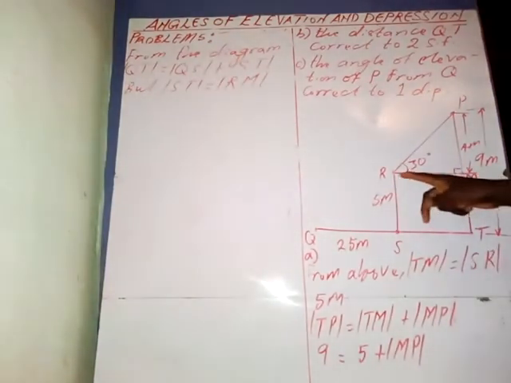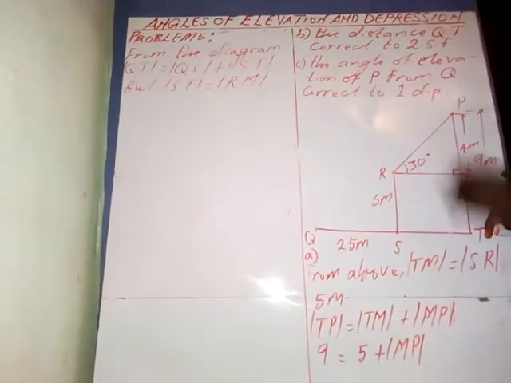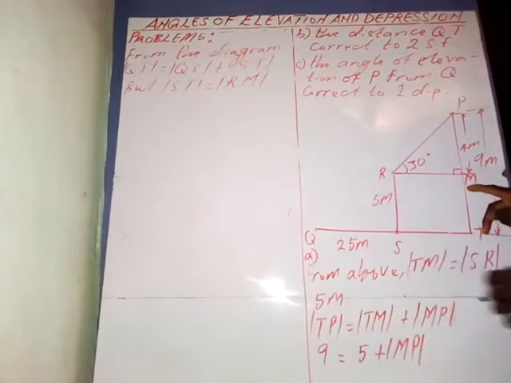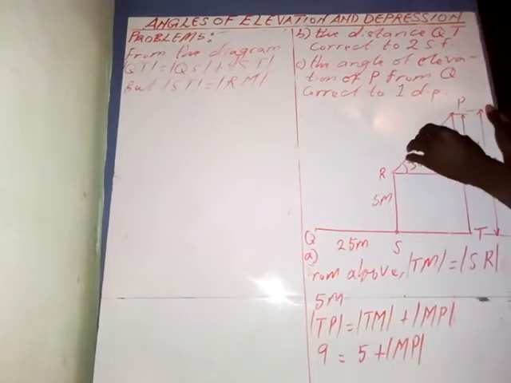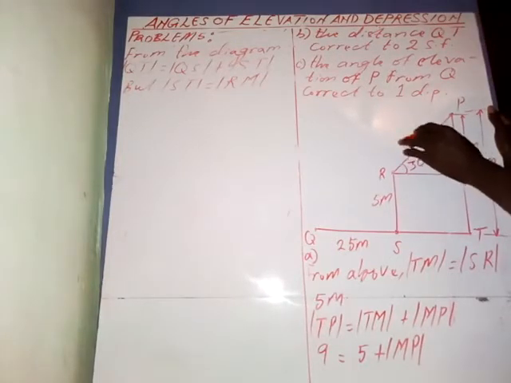So we need to get the value of RM. So from here, don't forget that we have known the value of this PR to be 8 meters. So this is 8 meters.